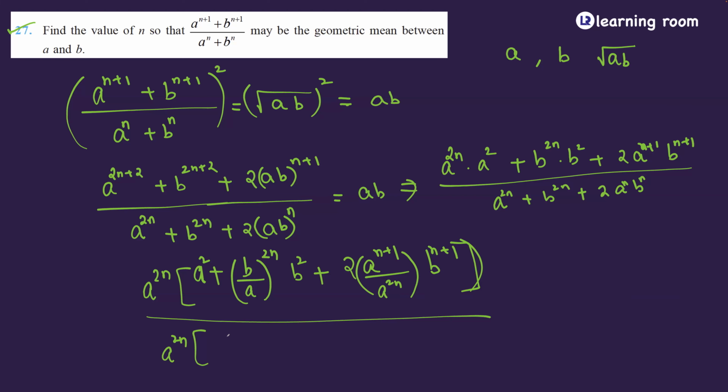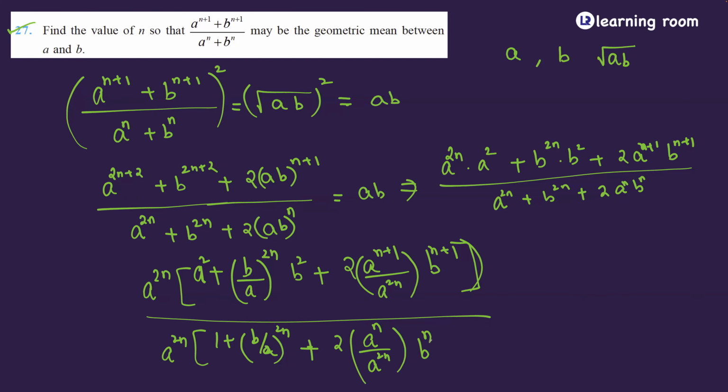So it will be 1 plus b by a to the power 2n plus 2 times, what are we going to get? 2 times a power n divided by a power 2n into b power n.